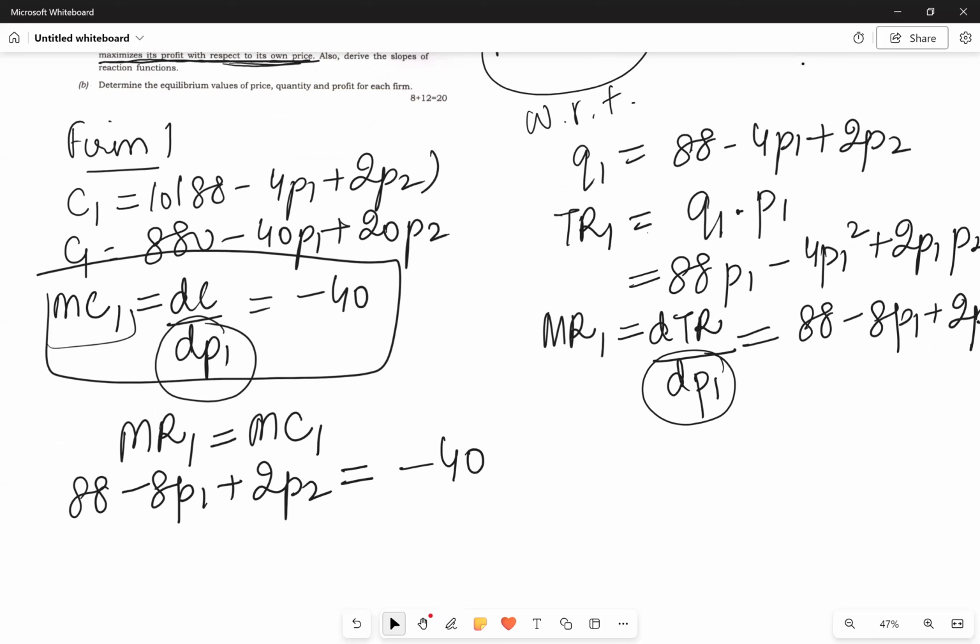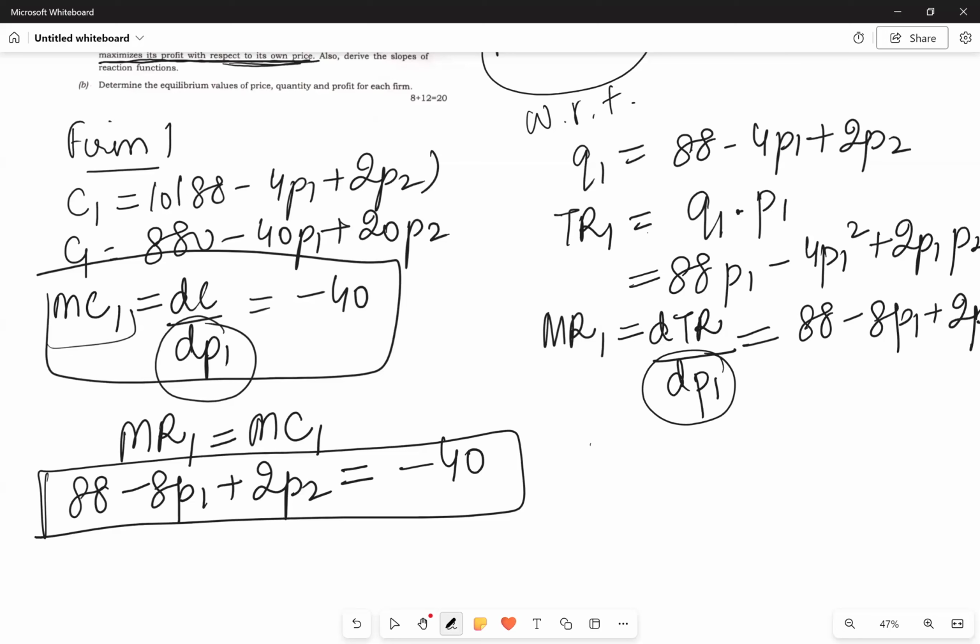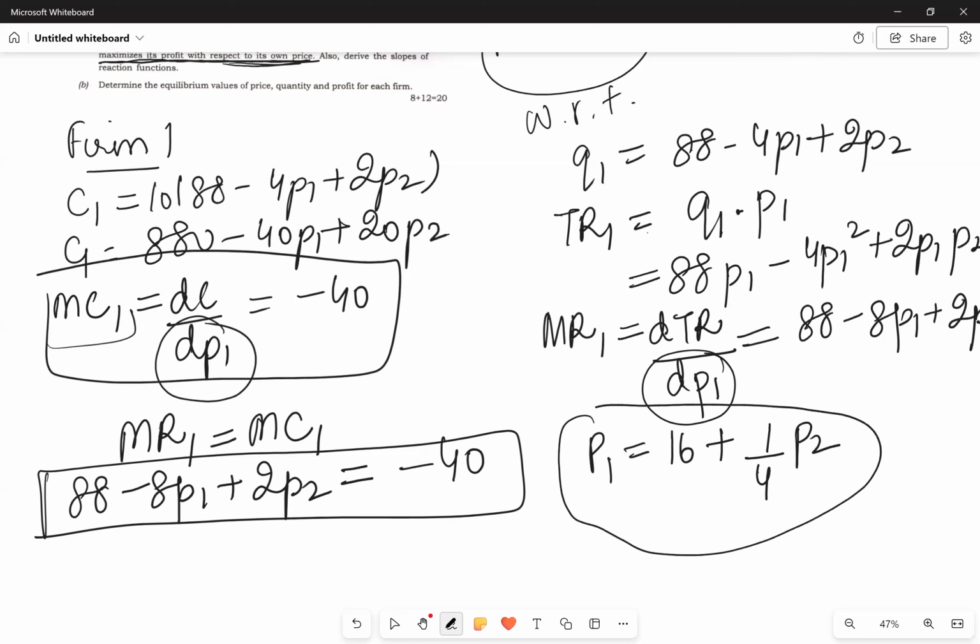When we solve this equation, we get P1 is equal to 16 plus 1/4 P2. So this is the reaction curve of firm 1. It shows how firm 1 will change its price with respect to the price of firm 2.